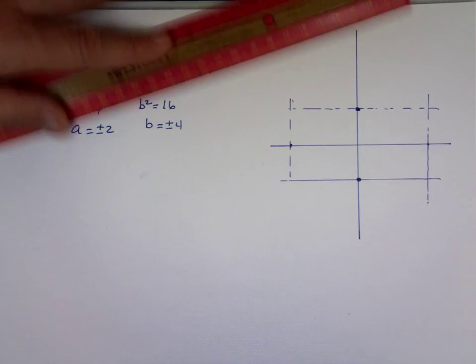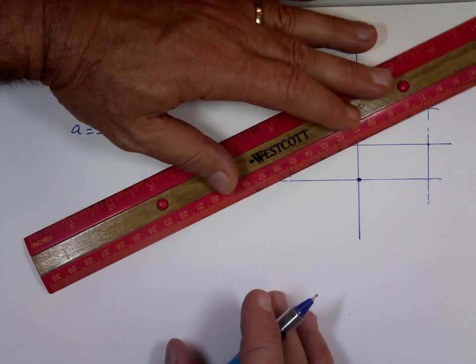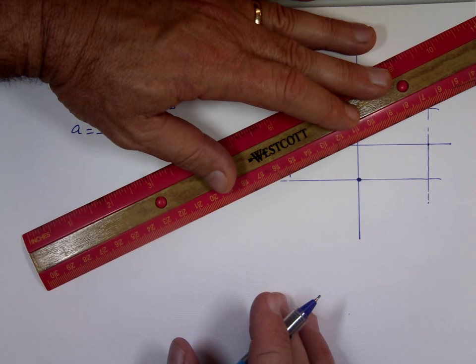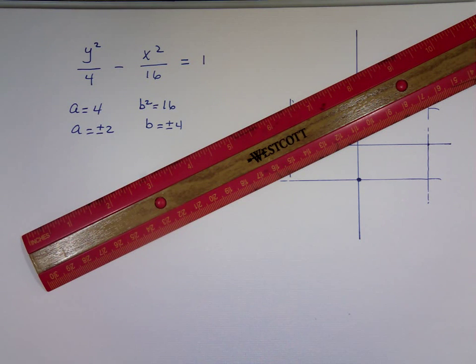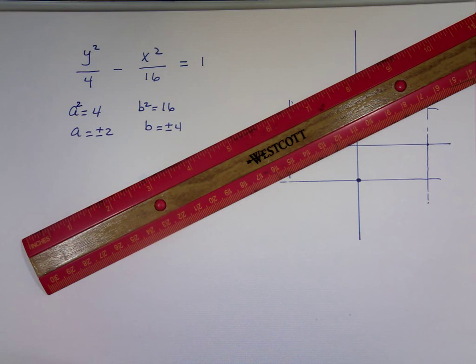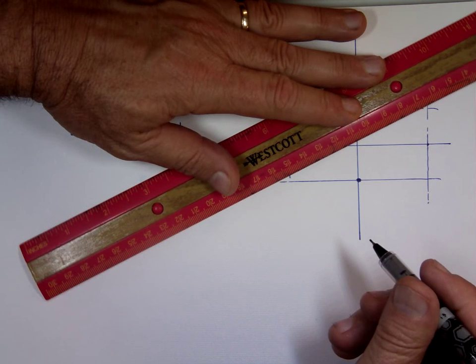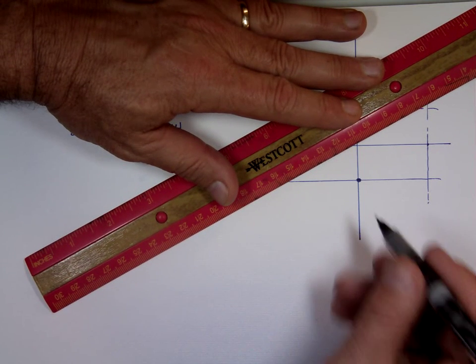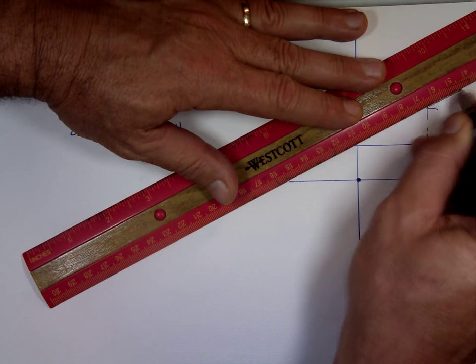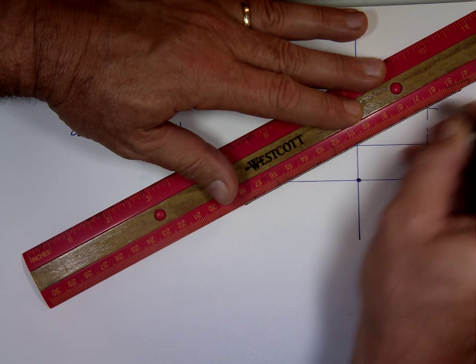Now I get my asymptote. It's going to run diagonal, going through the center. Is the a squared equals 4, or is it just a equals 4? A squared equals 4. So here's my conjugate, my asymptote. That's the first asymptote.